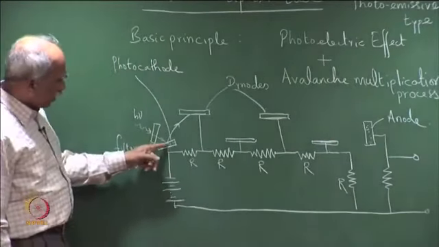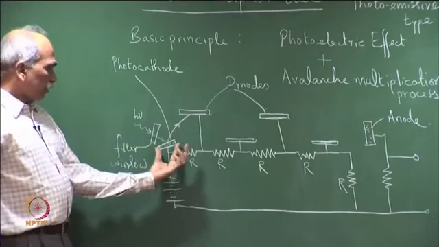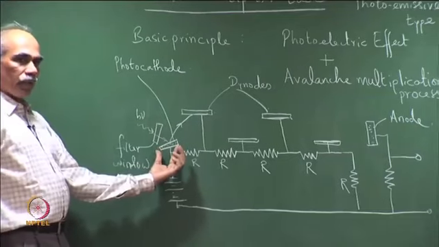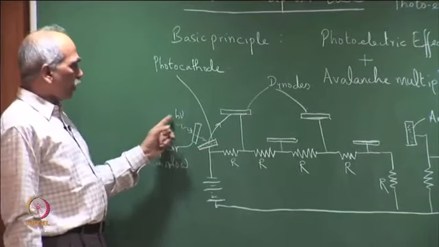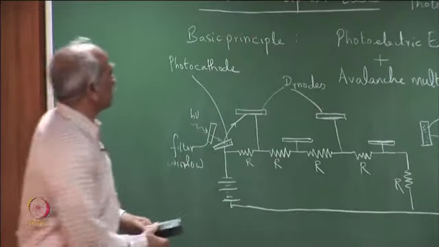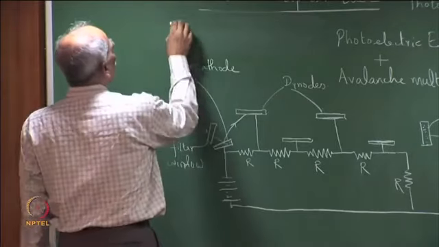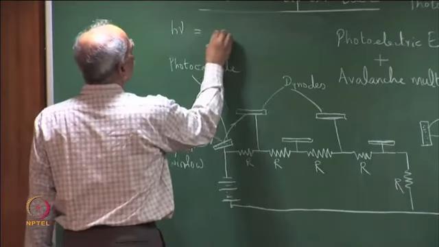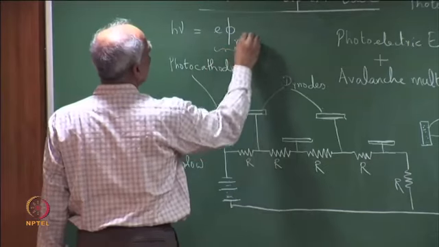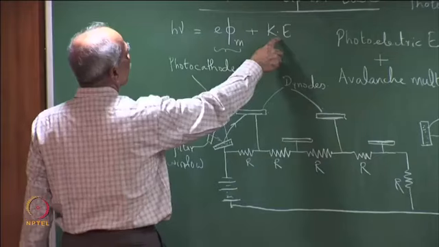The incident photon releases a photoelectron provided the work function of the photocathode is smaller than the photon energy. The basic equation of the photoelectric effect is h nu equals e phi m or W, the work function, plus the kinetic energy of the electrons.